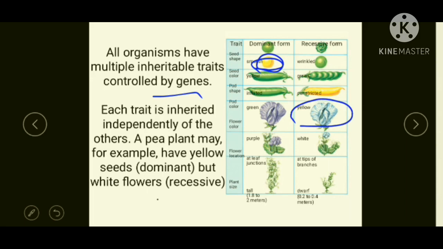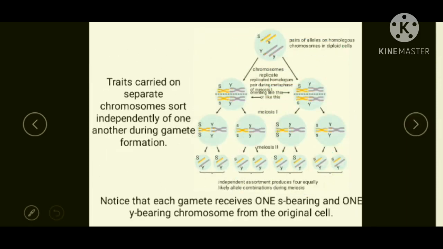There are recessive flowers, and also here there are dominant yellow seeds. So the allele of this dominant character does not determine the allele of the recessive character, according to what? The law of dominance.